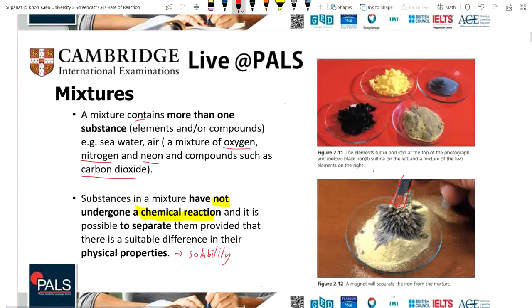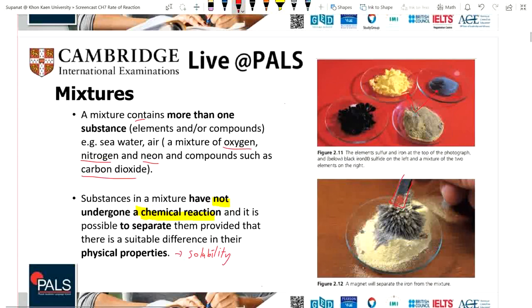For example, this picture. This is the element sulfur, the yellow powder, the iron filings at the top here, the gray powder, and the black powder here is the iron 2 sulfide. On the left hand, and on the bottom right corner here, there's the mixture of the two elements. This is the mixture of the sulfur powder and the iron filings here. So how can we separate it?